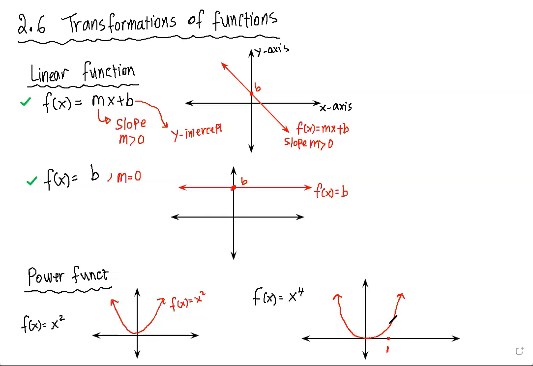At 1 the value is 1, and at -1 it is also 1. But from 0 to 1 it will be closer to the x-axis. This is the difference between f of x equals x squared and f of x equals x to the 4.